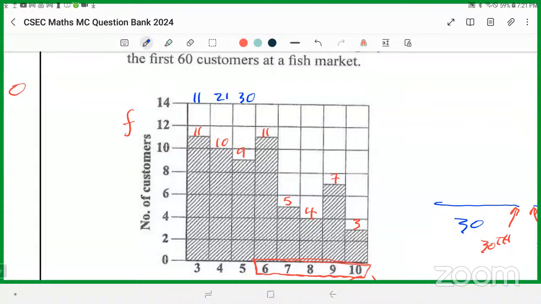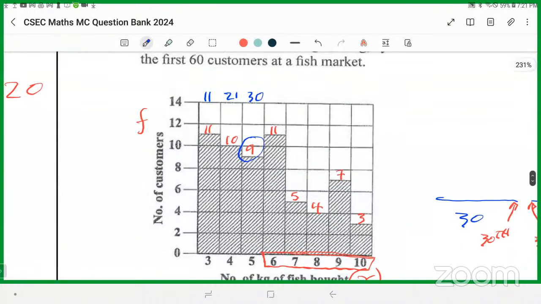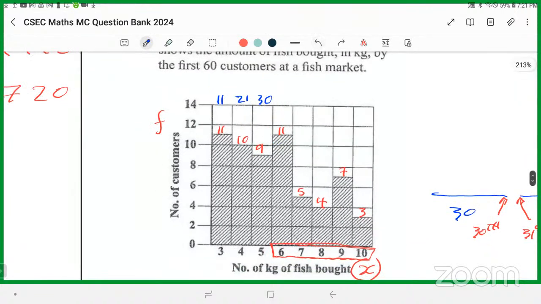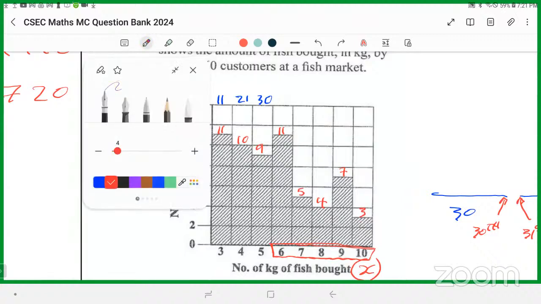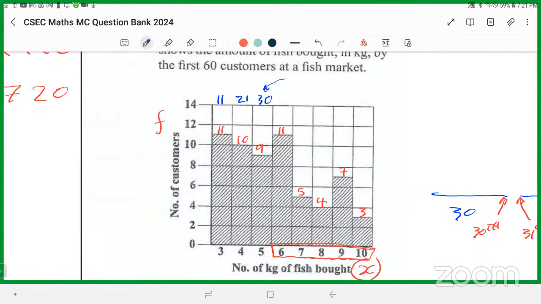So the 30th person is one of these 9 persons. And the 31st person is one of these 11 persons. So the 30th person is in this group, right here, in this column. And mark it this way. The 30th person is here. And the 31st person is the first person in this group. 31st.